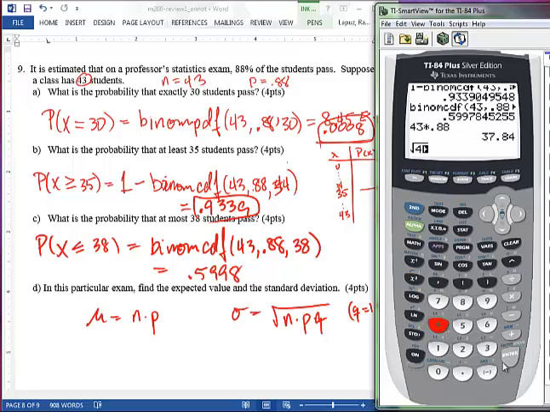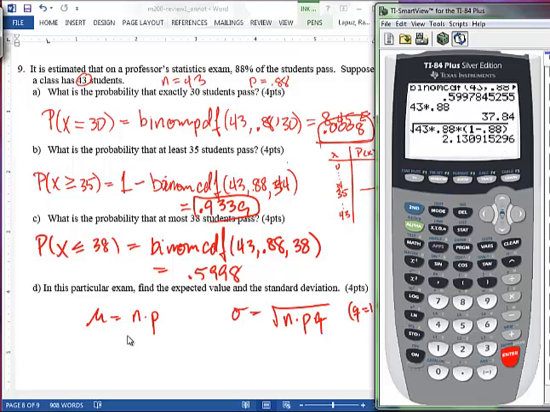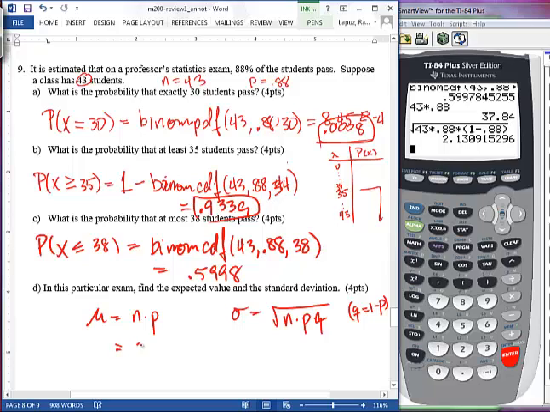And then again 43 times 0.88 times, now if you don't want to figure this out, you can just type in 1 minus 0.88. That's 1 minus p, or that's what q is equal to. Close the parentheses. And then I'll get 2.13. So our mean is 37.84. Our standard deviation is 2.13. That's problem number 9.